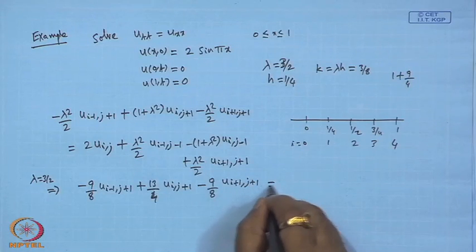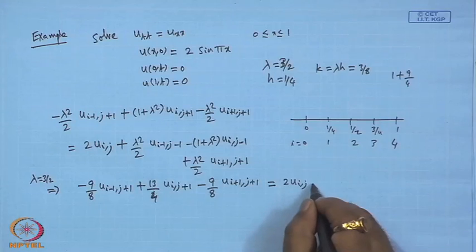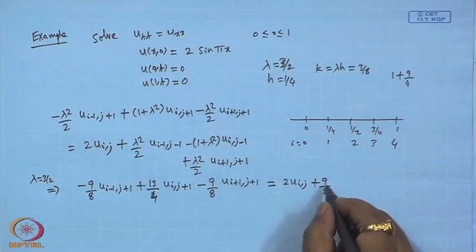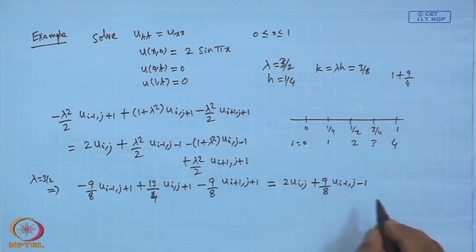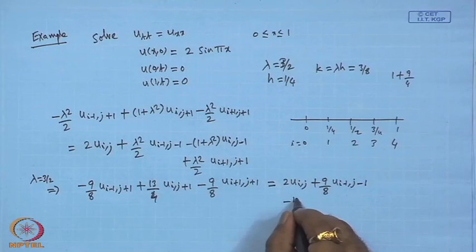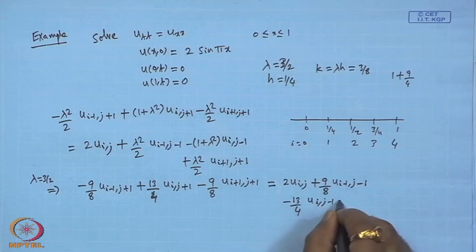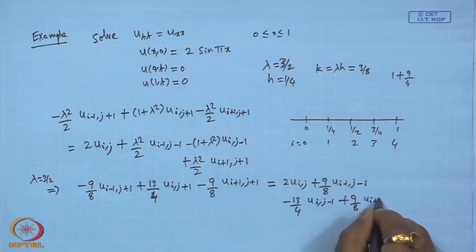So, this equals these terms: 2 u I j plus 9 by 8 minus 13 by 4 u I j minus 1 plus 9 by 8 u I plus 1 j minus 1.